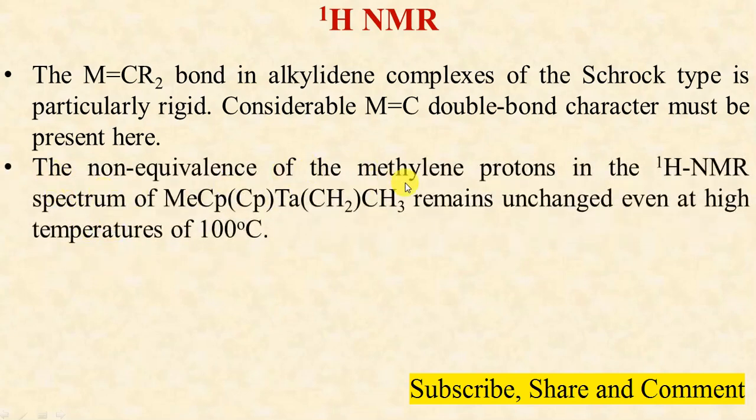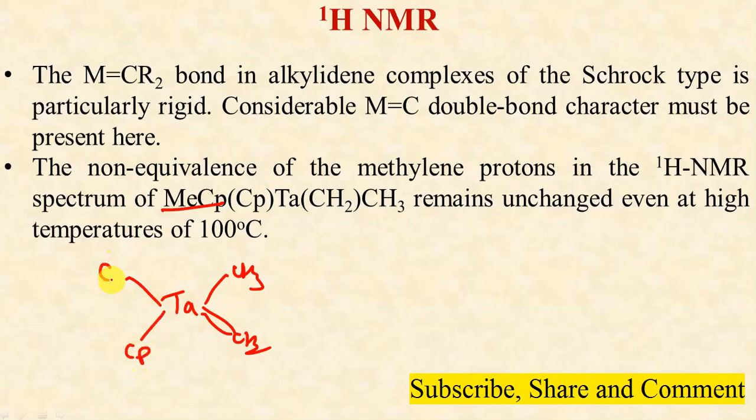The non-equivalency of methylene protons in the proton NMR spectrum of this complex, where MeCp stands for methylcyclopentadienyl and Cp stands for cyclopentadienyl. So this is the case, we have Ta, we have this double bond CH2, here we have one methyl, here we have Cp, and here we have Cp star.